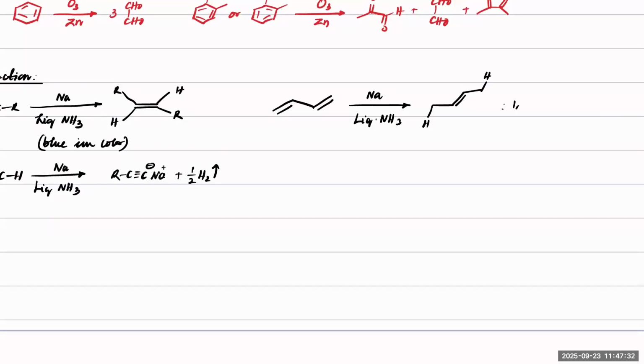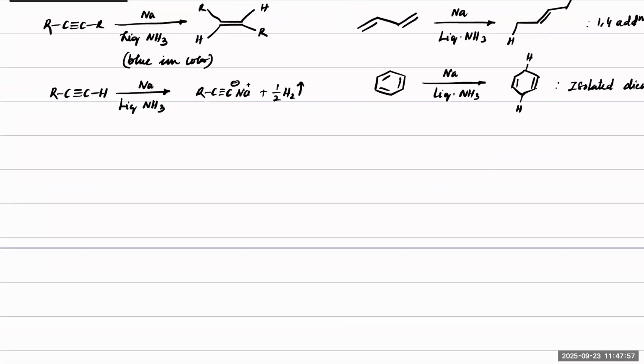So basically 1,4 addition can happen on the conjugate side. And the conjugation can be observed even on benzene. So that's why when you react benzene in liquid ammonia, you will get conjugated addition of 1,4. So you'll get one hydrogen here, and now you will get an isolated diene as a product.